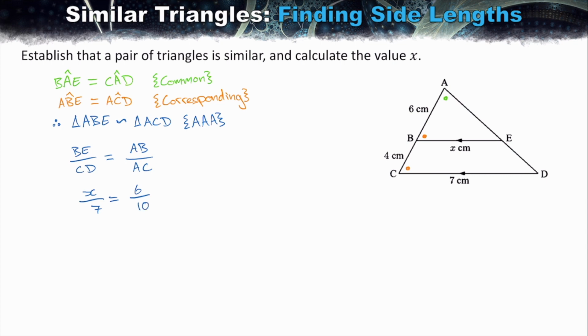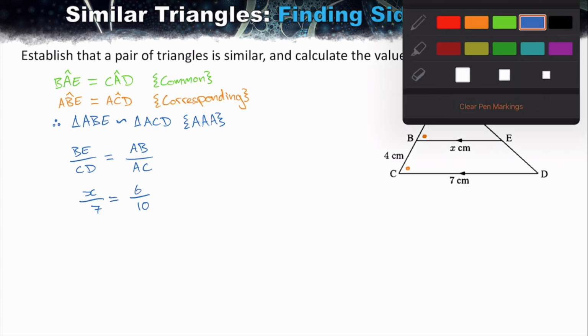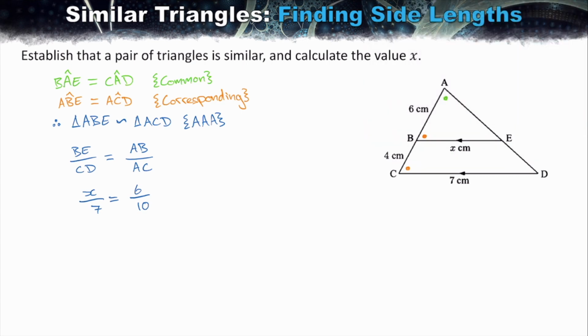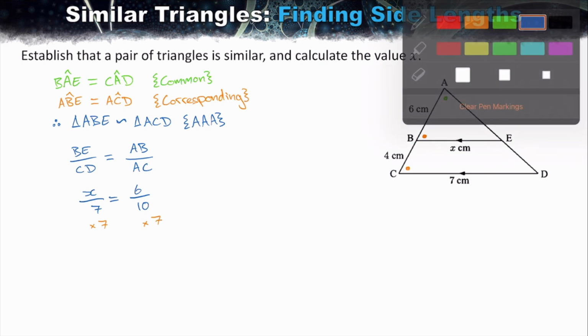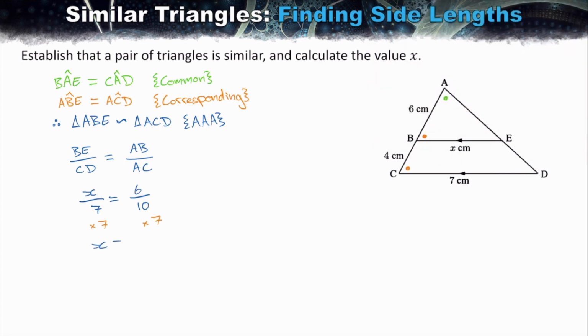Now, from here, we just need to use our inverse operations to be able to solve for x. Because I'm dividing by 7 here, if I multiply both sides by 7, we end up getting our x on its own. To find x, it will be 7 times 6 on 10. I'll just leave it as 6 on 10 just so I don't confuse people.